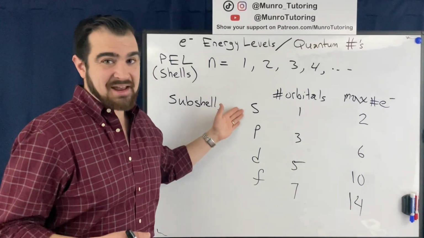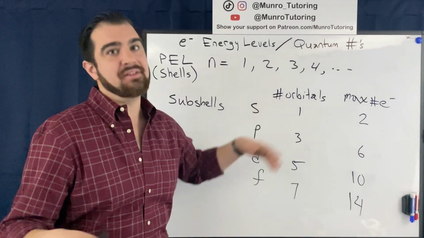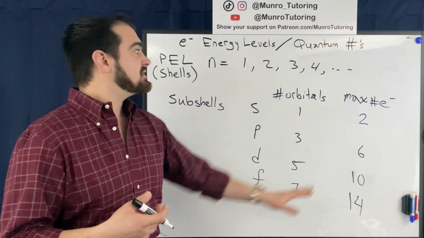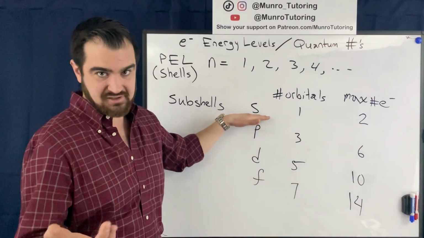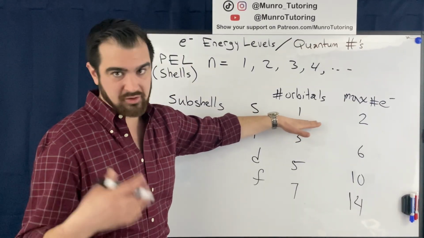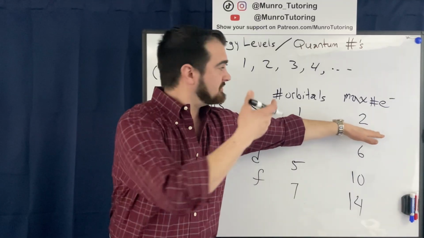So the S type of apartment has 1 orbital, and it's like 1 bedroom. And let's just say you can have up to 2 people in a bedroom. So the max number of occupants in the S type of subshell is 2, because it's 1 bedroom, right, 1 orbital, and it can have up to 2 electrons per orbital.